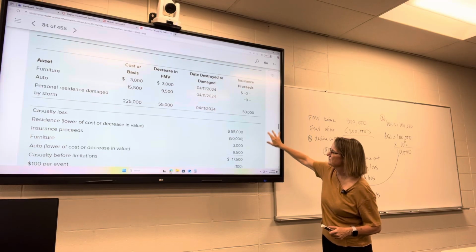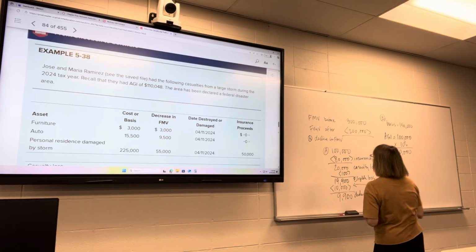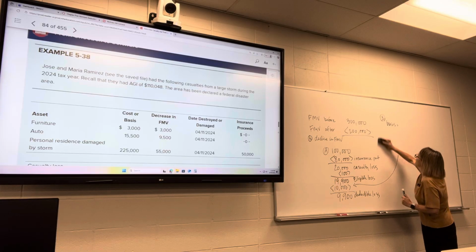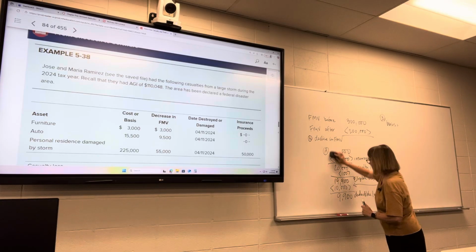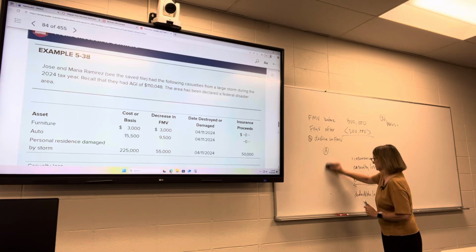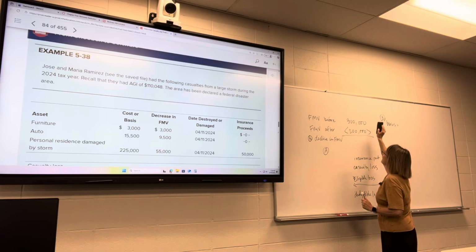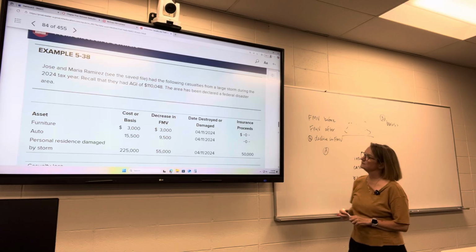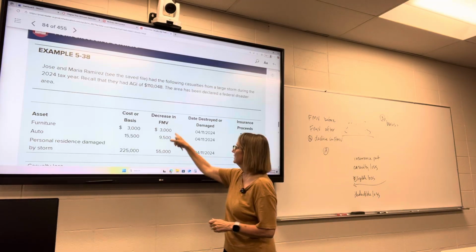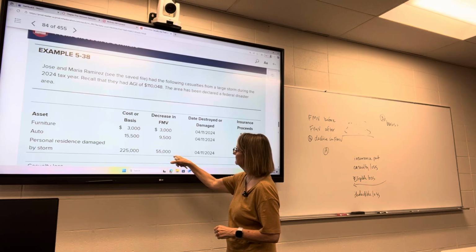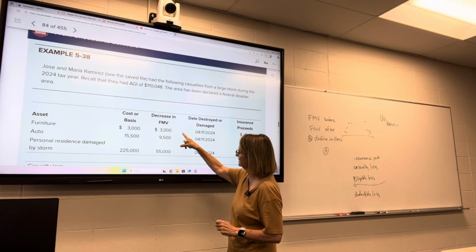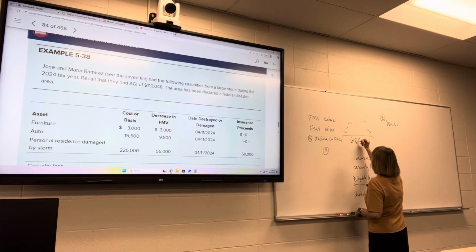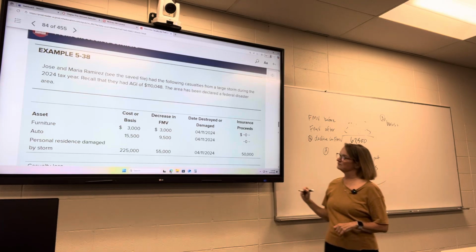They've got all of that there, but we can combine these. The basis here, we don't know what this is, doesn't matter. Decline in fair market value of all of these items: 55, 58, 67.5. That's the decrease in fair market value.